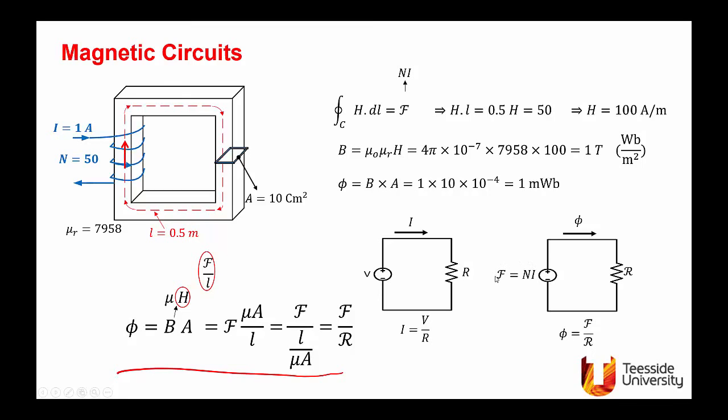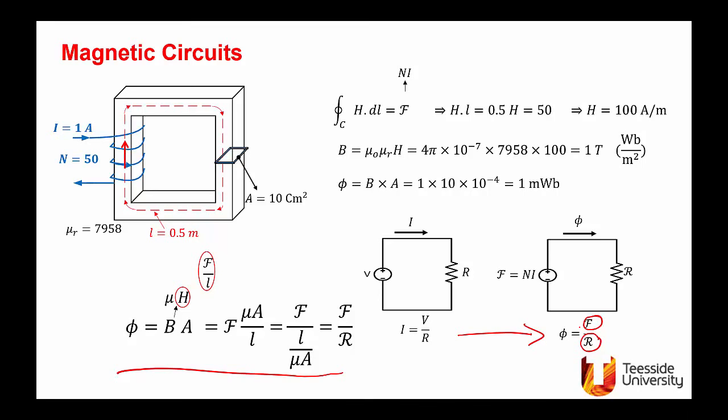It drives a flux phi across a reluctance R, and the equivalent relationship to Ohm's law is phi is the magnetomotive force over the reluctance. This will enable us to treat magnetic circuits in the same way we treat electric circuits.